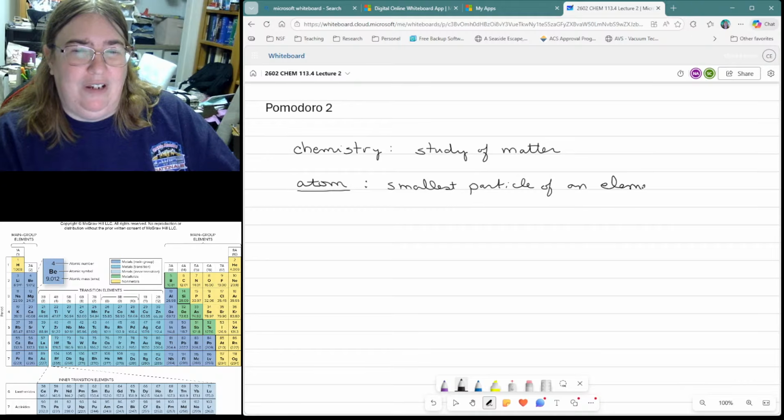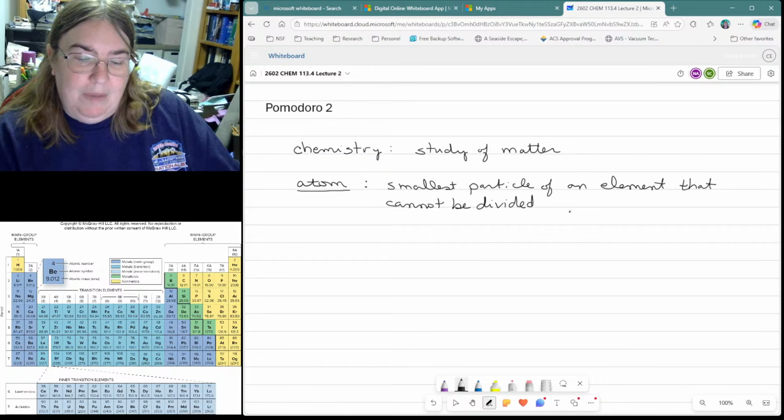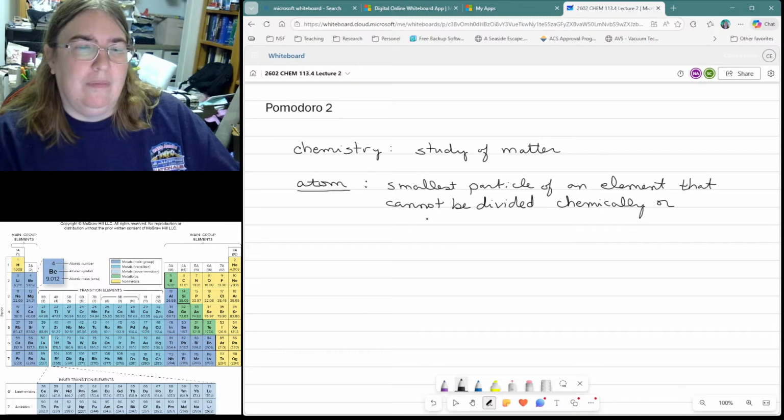Well, now we have to define what an element is. That cannot be divided chemically or mechanically into smaller particles.